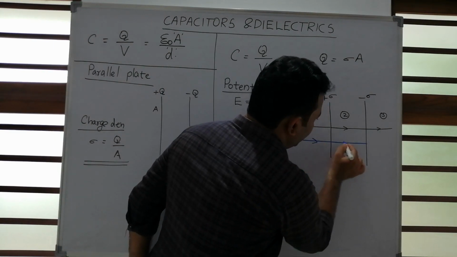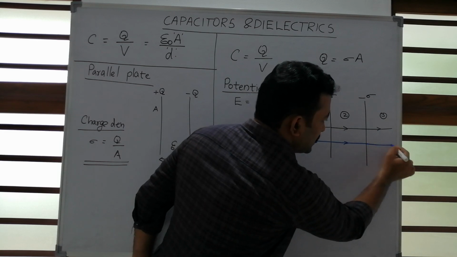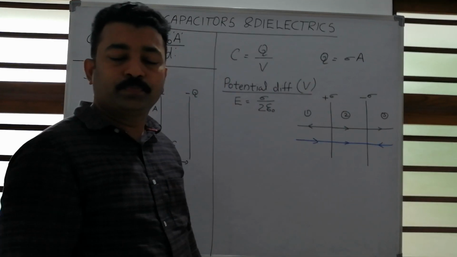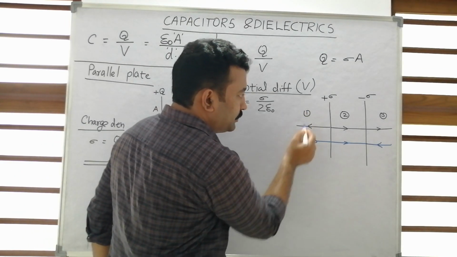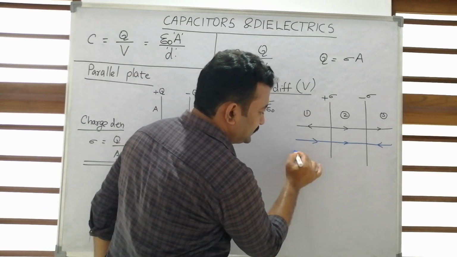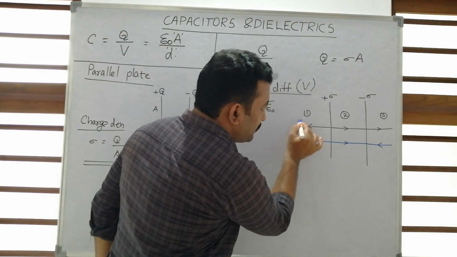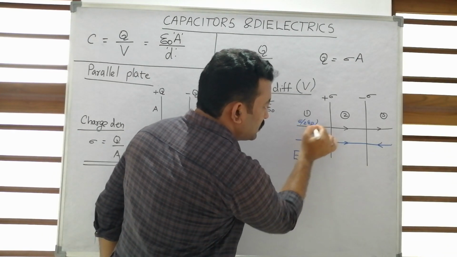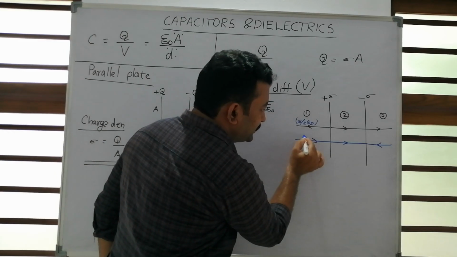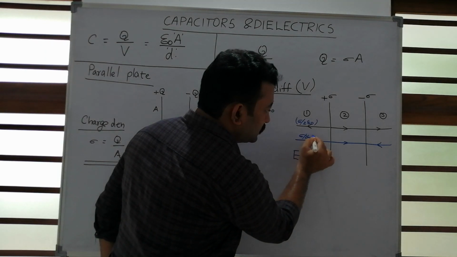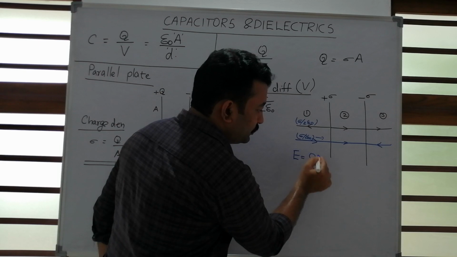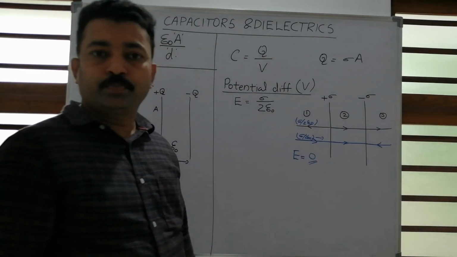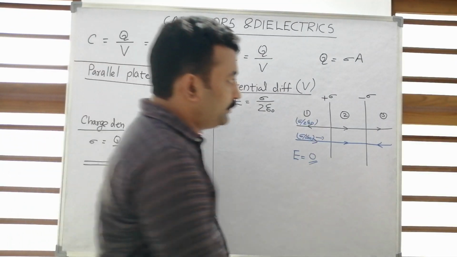So the direction of the electric field will be like this. Here also like this. So what will be the net electric field at the point 1? At the point 1, we can say the net electric field will be, this is sigma by 2 epsilon 0 towards the left, and this is sigma by 2 epsilon 0 towards the right. Equal and opposite will give you 0 value. What about the third point?